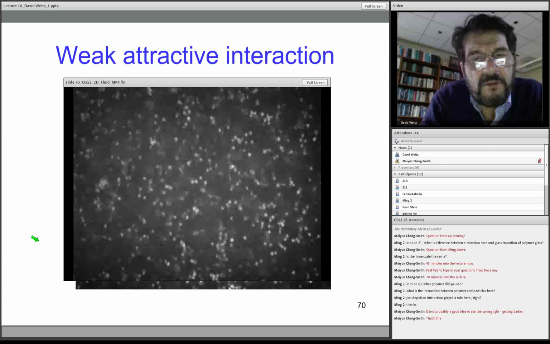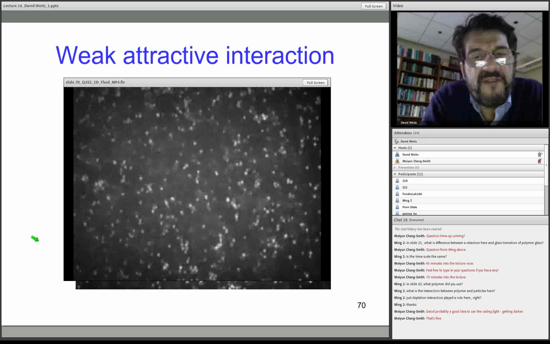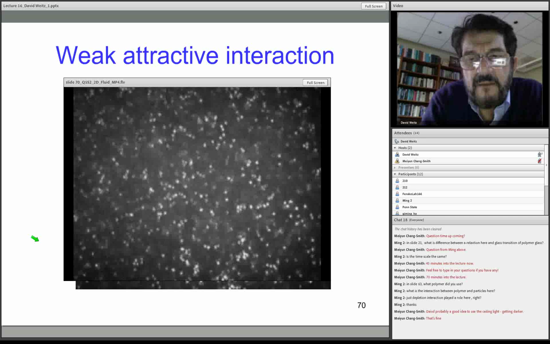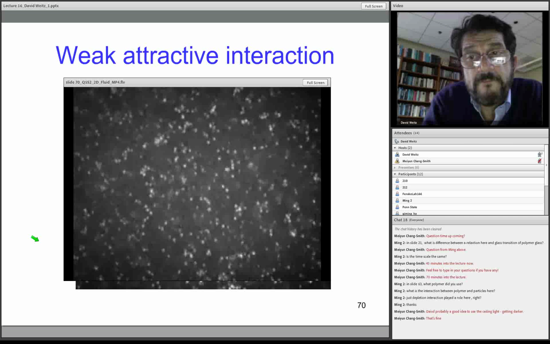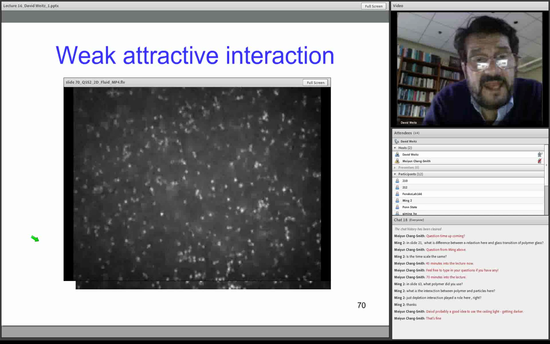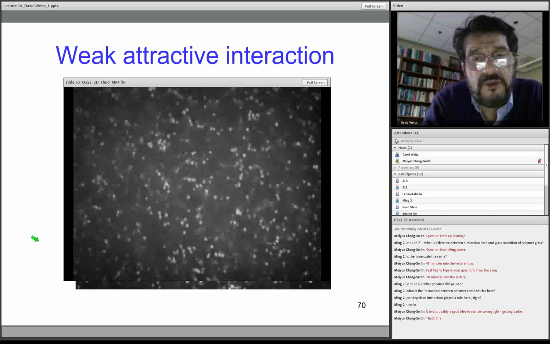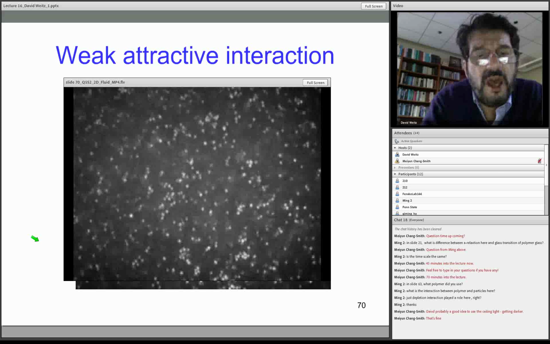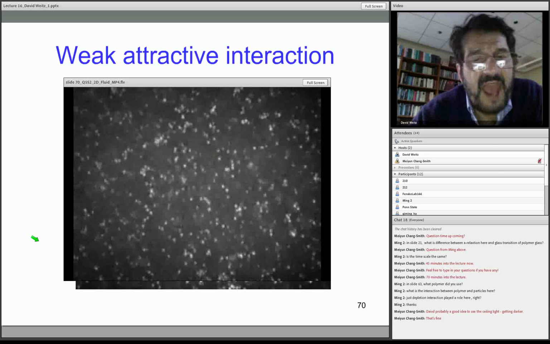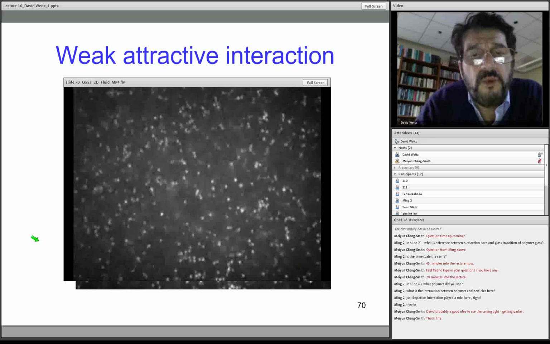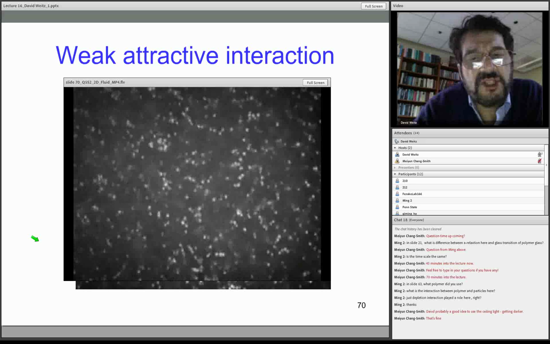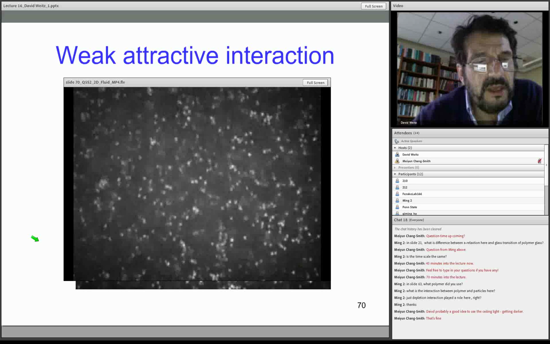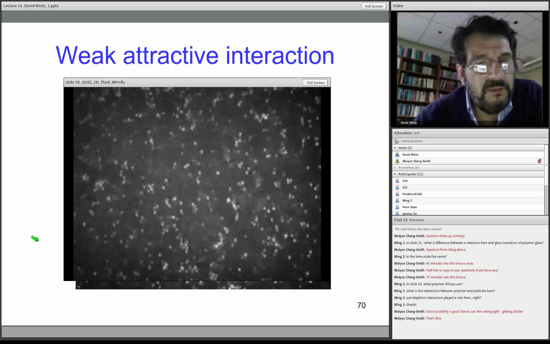Here we're using a very, very small polymer, about 5% of the radius of gyration of the particles, and it's inducing a very weak depletion attraction between the particles. Thank you, Mayun, for the movie. We can take that off now.